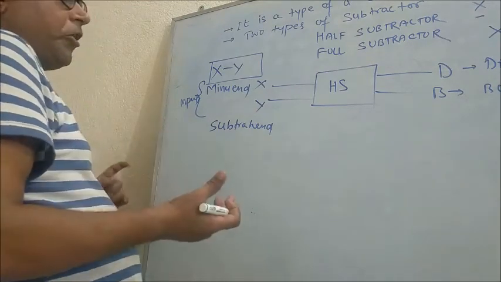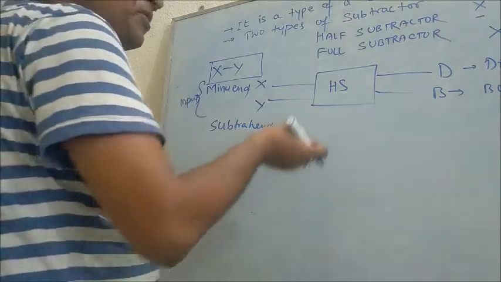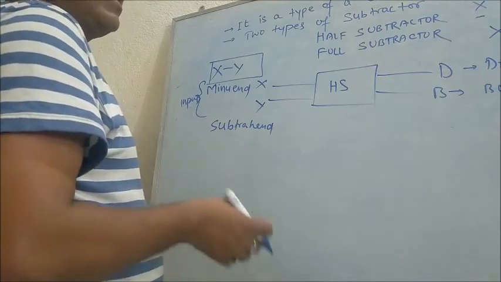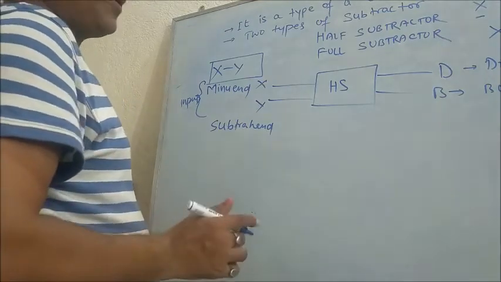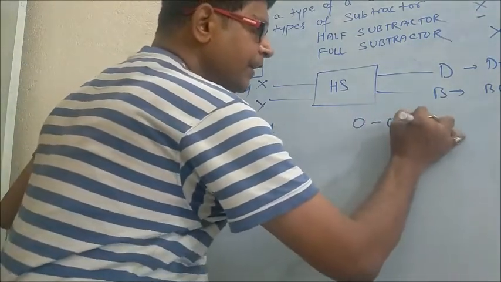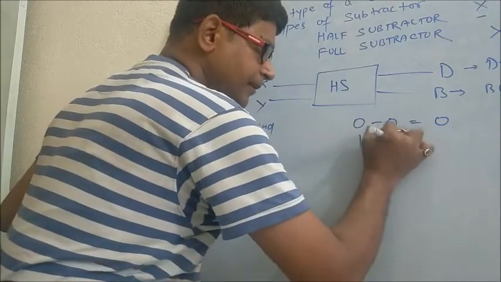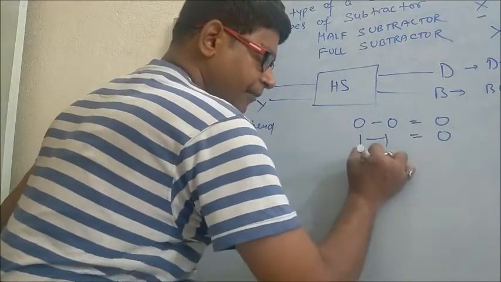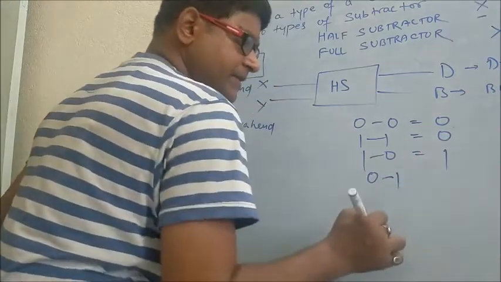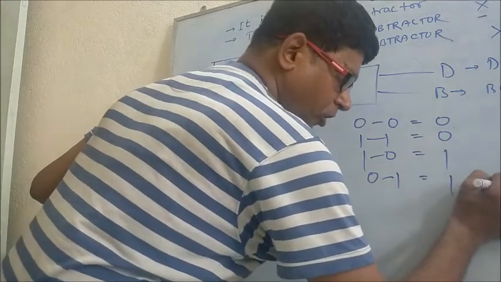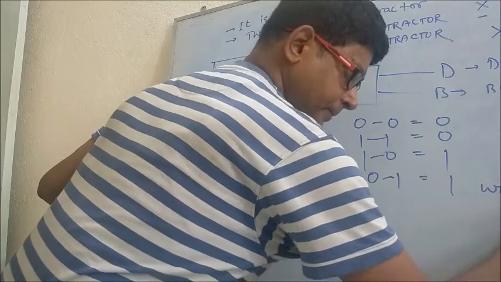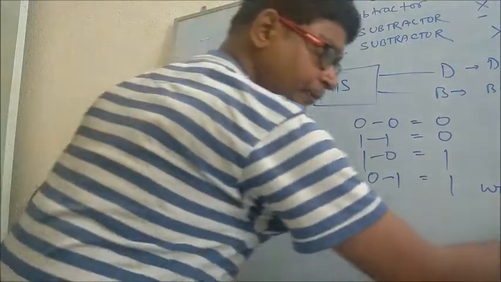Now, before explaining the truth table of HS, that is the half subtractor, let me tell you once again how binary subtraction is performed. We know that 0 minus 0 is 0. 1 minus 1 is again 0. 1 minus 0 is 1, and 0 minus 1 is 1 with borrow 1.